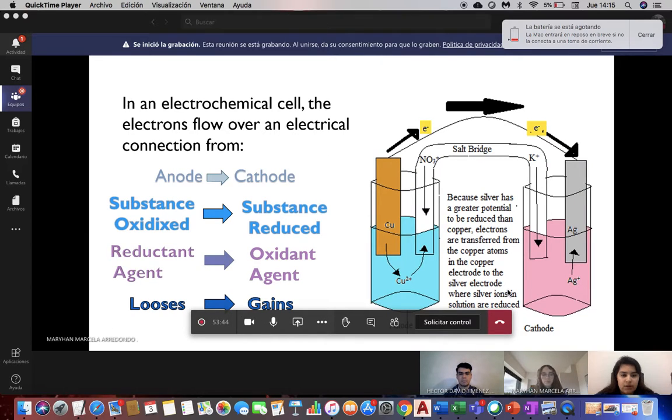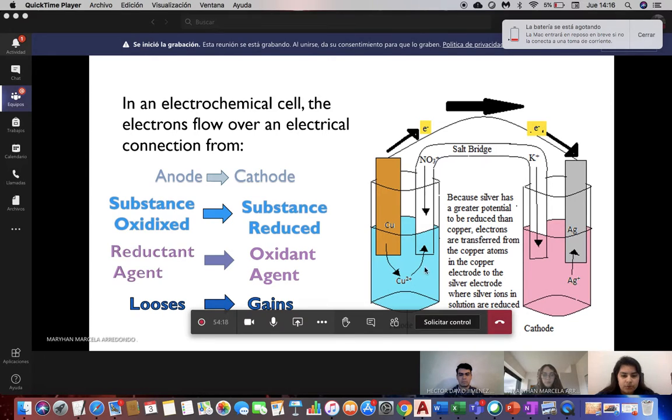In any electrochemical cell, the electrons flow over an electrical connection from the anode, that in this example is the copper, so it gives away or loses electrons, and they pass through the salt bridge and are deposited in the cathode, that in this example is the silver.